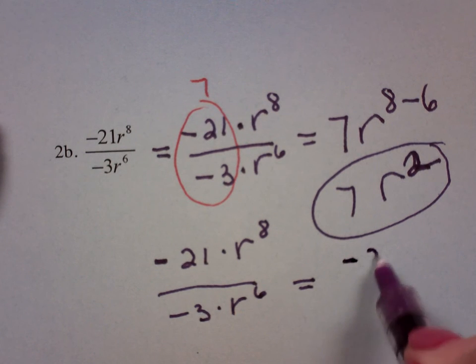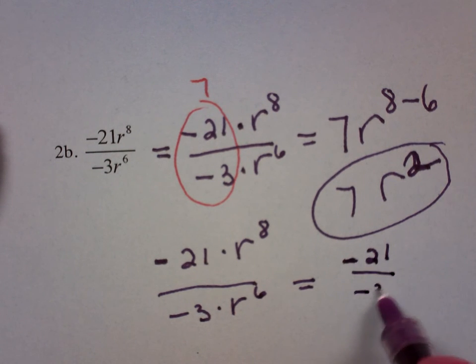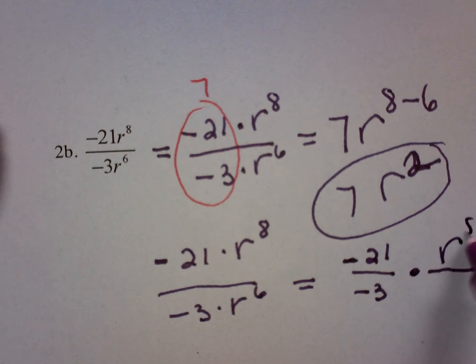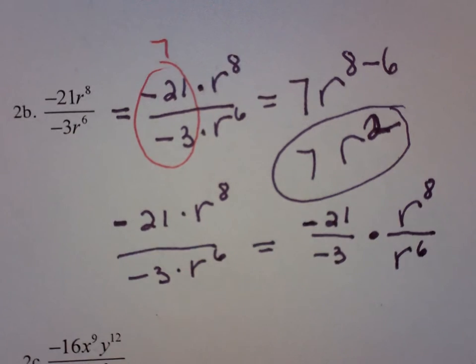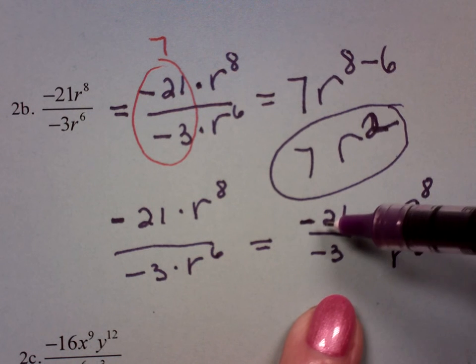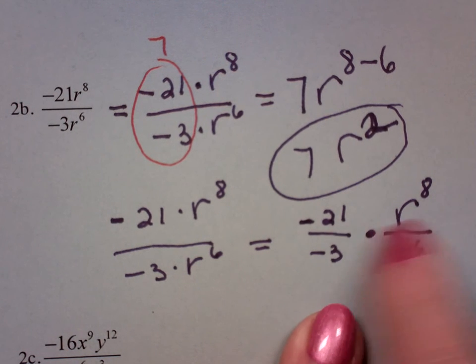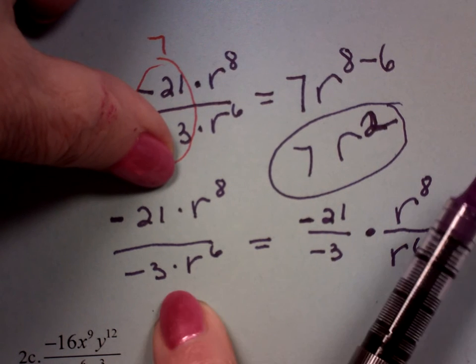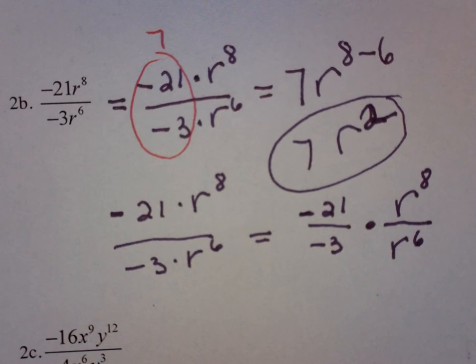I can break it up as the numbers times the letters. So if I think about how multiplication of fractions works, it would be the numerator times, and that gives you this. The denominator times, that gives you that. That's why you can break it up into pieces.